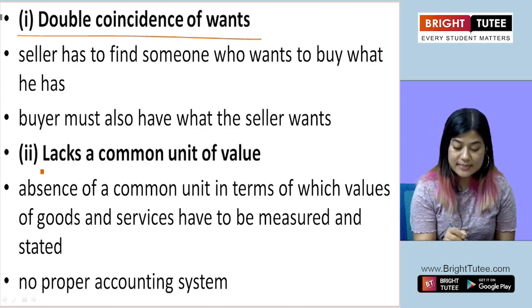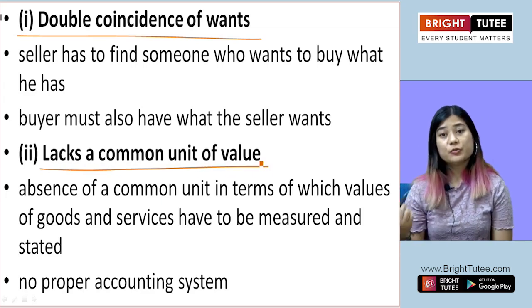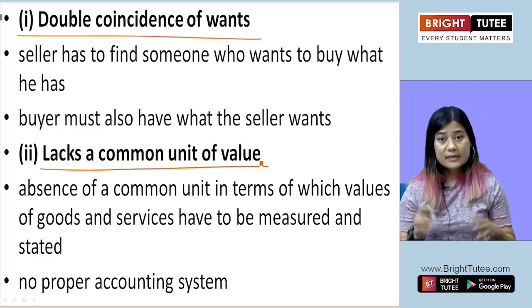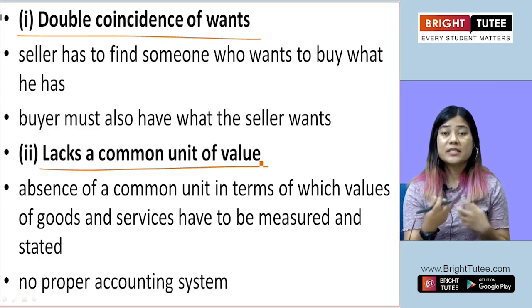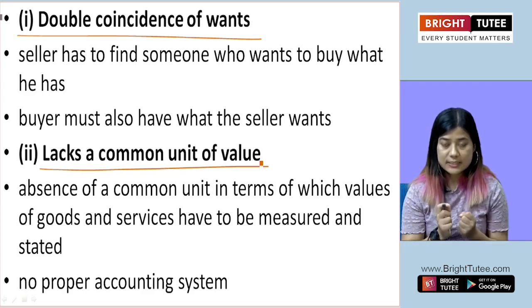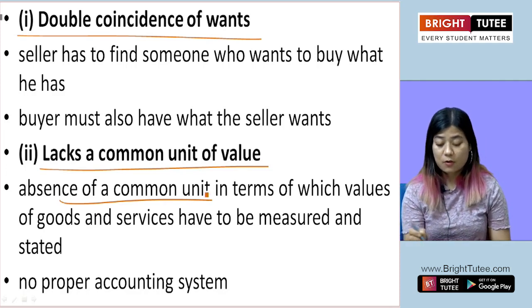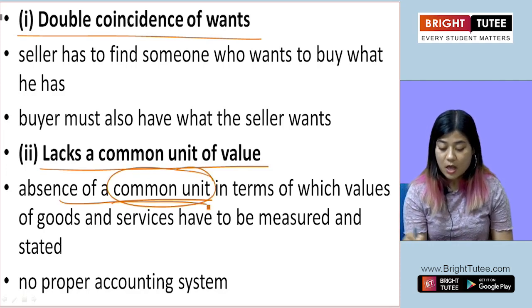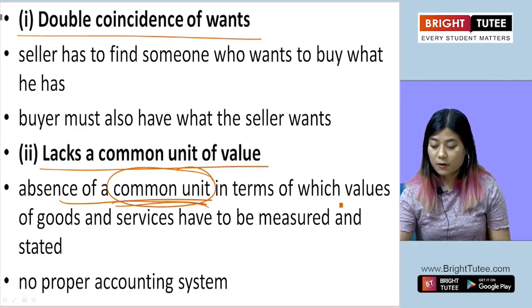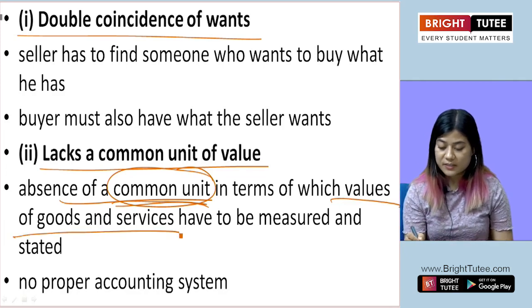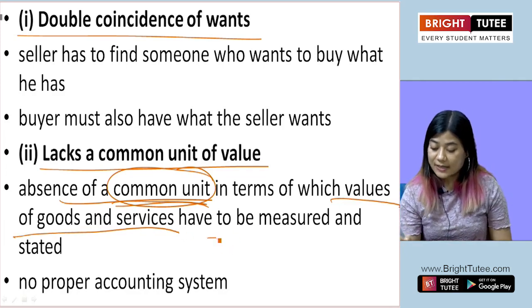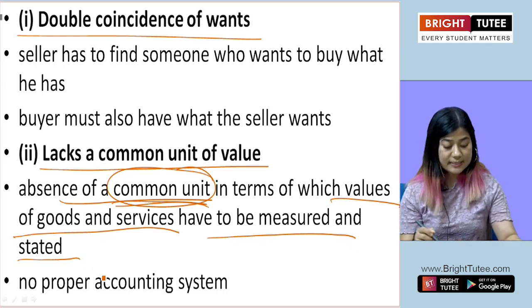The second is lack of common unit of value. Now in the barter system, when there was an exchange of only commodities, there was an absence of a common unit in terms of which the values of goods and services could be measured and stated.